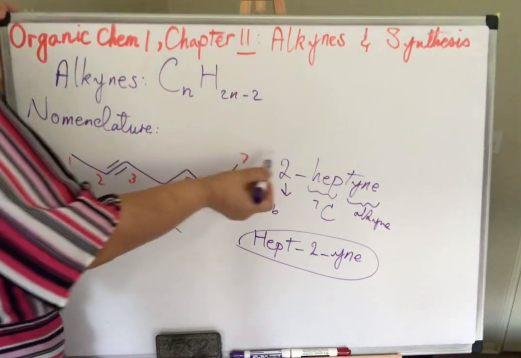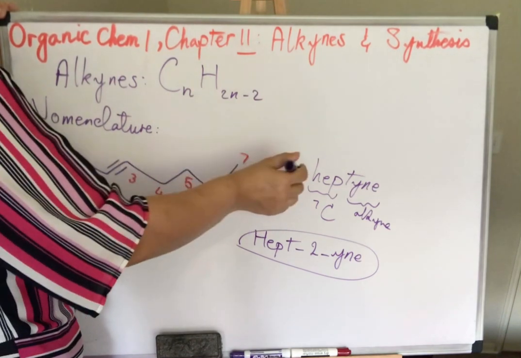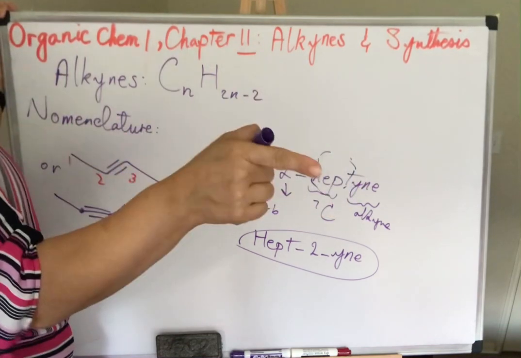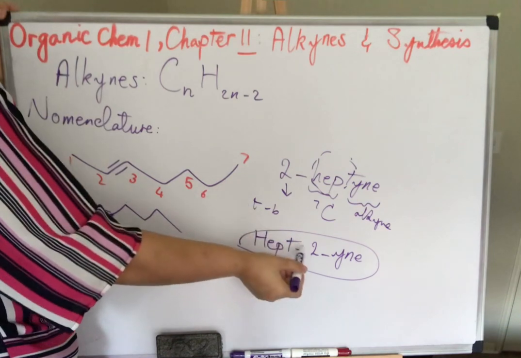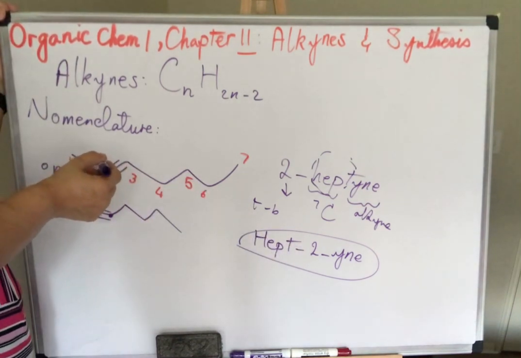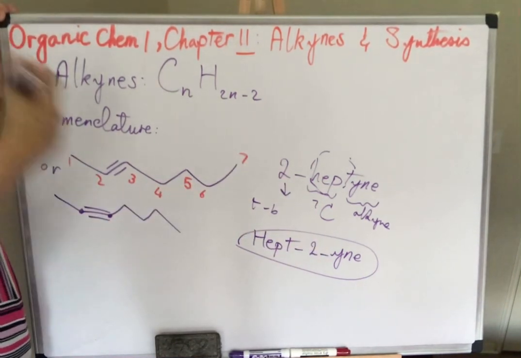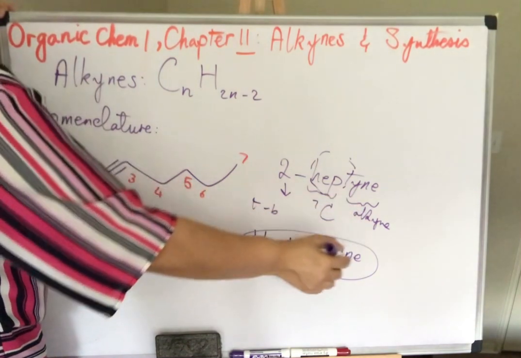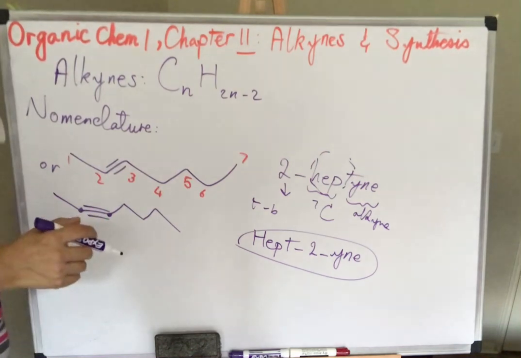So either bring the number of the triple bond first, then the root hept, and then add yne, or bring the root first. The root is hept. Then you bring the number where the triple bond is located, and then the triple bond is expressed as yne, as in alkyne. Okay, so make sure you know both.